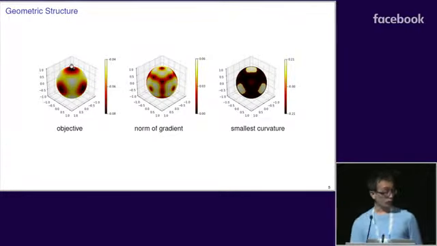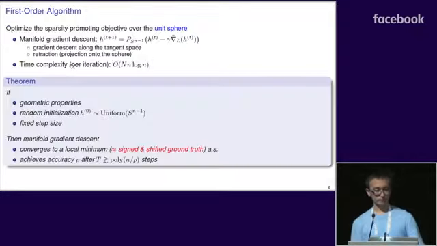Here is a pictorial demonstration of the objective function, the norm of the gradient, and the smallest curvature. We can see that only around the shifted and signed ground truth is the objective function strongly convex.